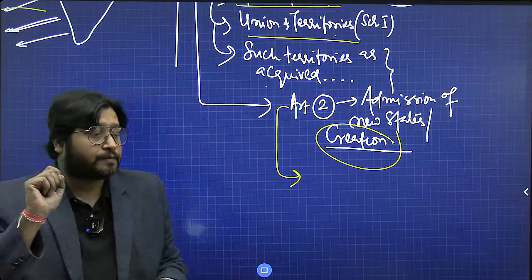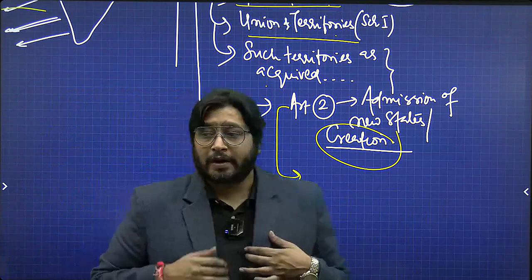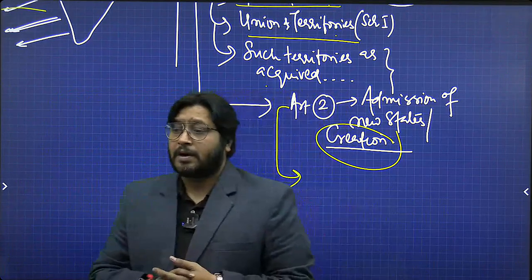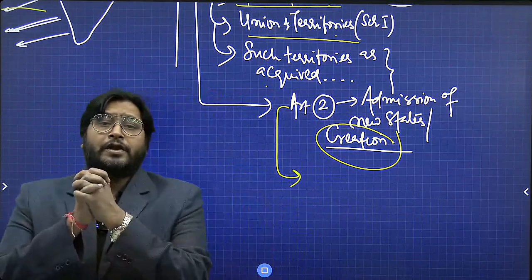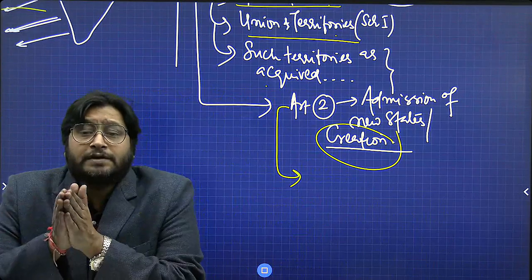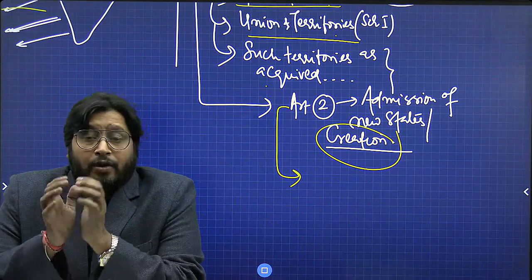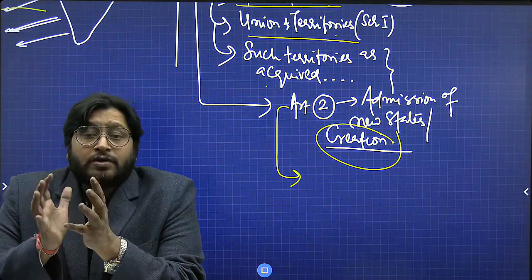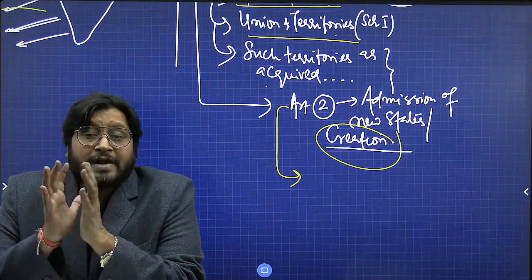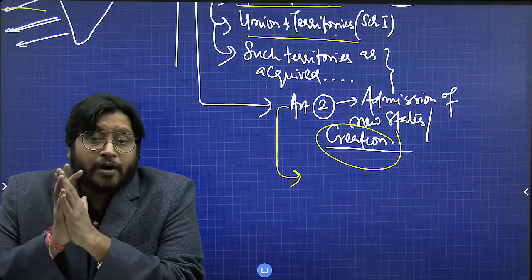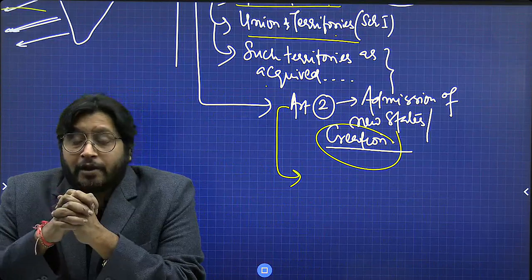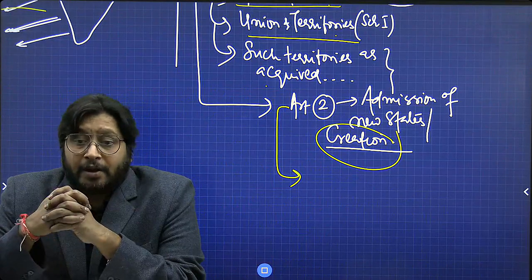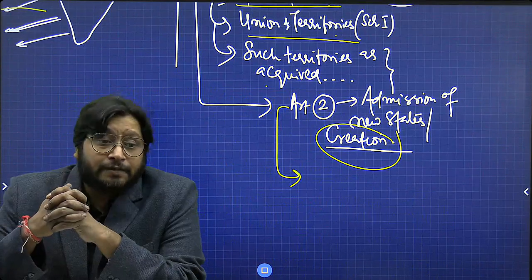Also, in Article 2, there is no need for consideration of the states. When you're making major changes in Article 3, like name, alteration of boundary, there you require the consultation of the states.